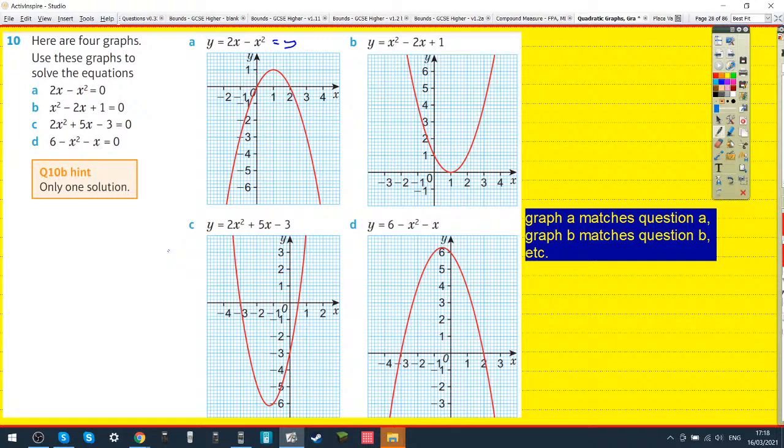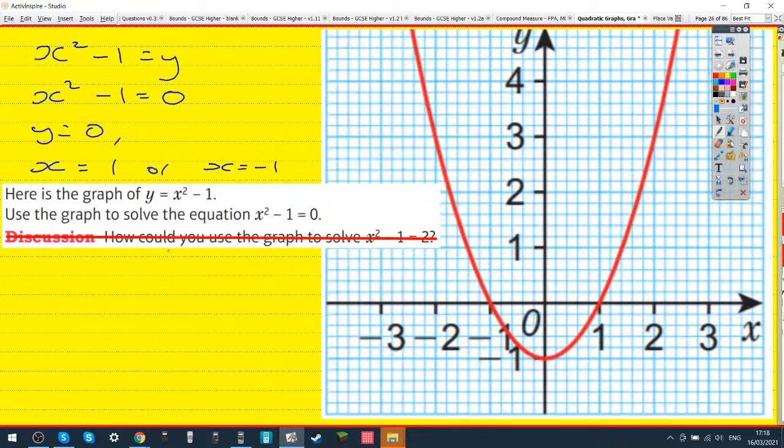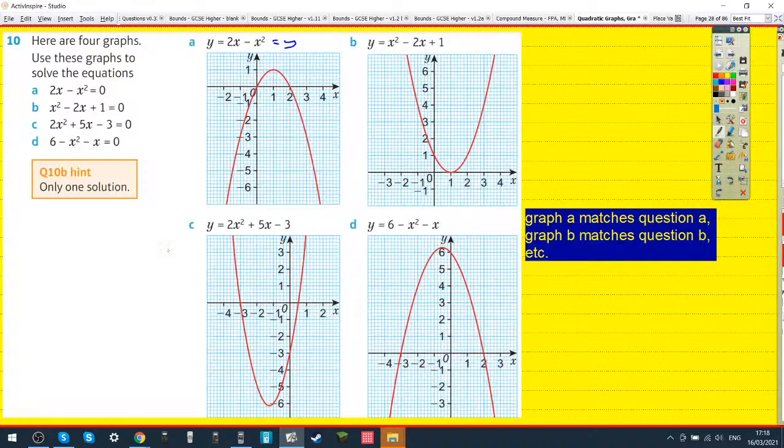And so just like the previous one, they're both equal to the same thing, so it's like when y is 0. Is x 2?